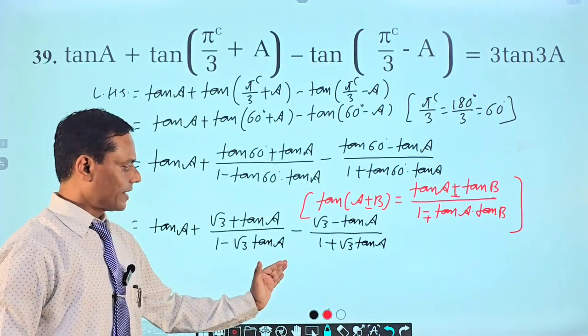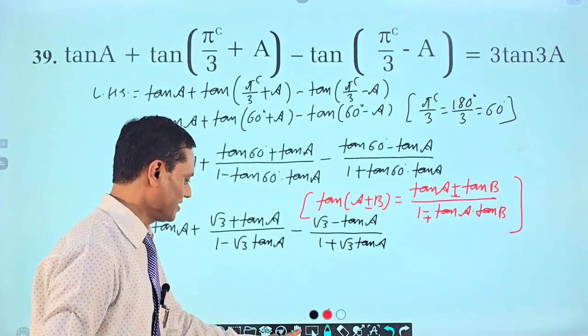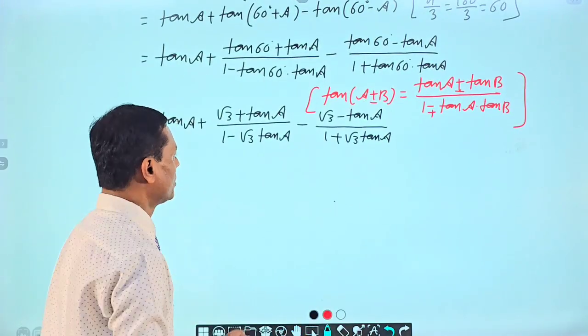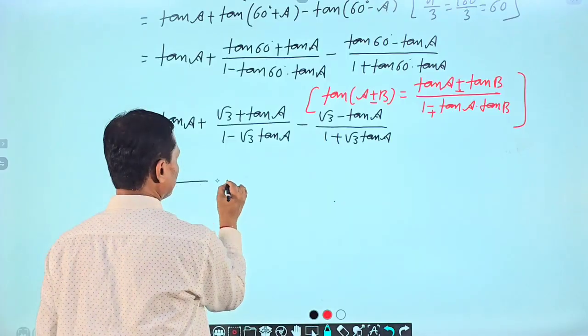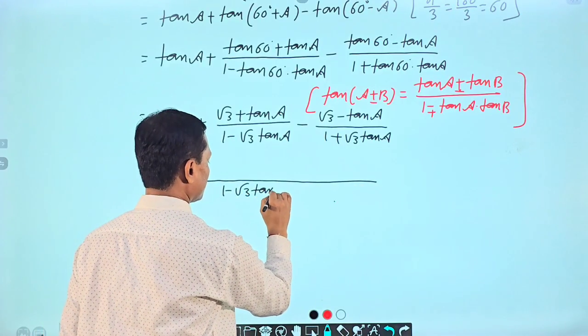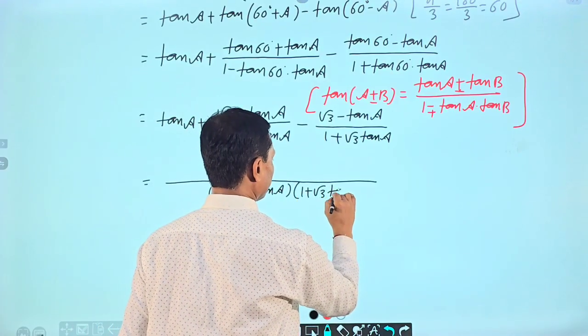So 1 minus root 3 tan A and 1 plus root 3 tan A, we are going to take the LCM. When you take the LCM, we'll have 1 minus root 3 tan A and 1 plus root 3 tan A.